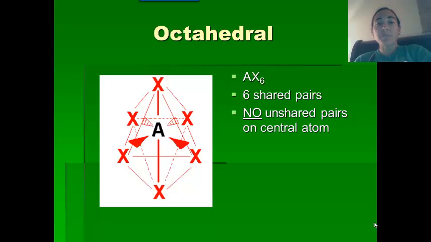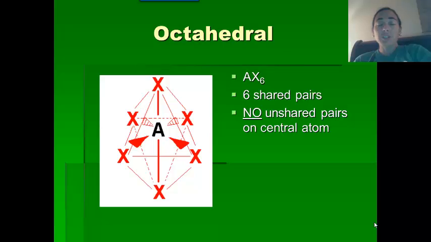The final shape is octahedral. The formula for this one is AX6. A is in the center, and there are 6 attachments. Now, the last two, Trigonal Bipyramidal and octahedral, actually break the octet rule. Some atoms can do that. In octahedral, you're looking at 6 shared pairs, so the central atom has 12 electrons around it.